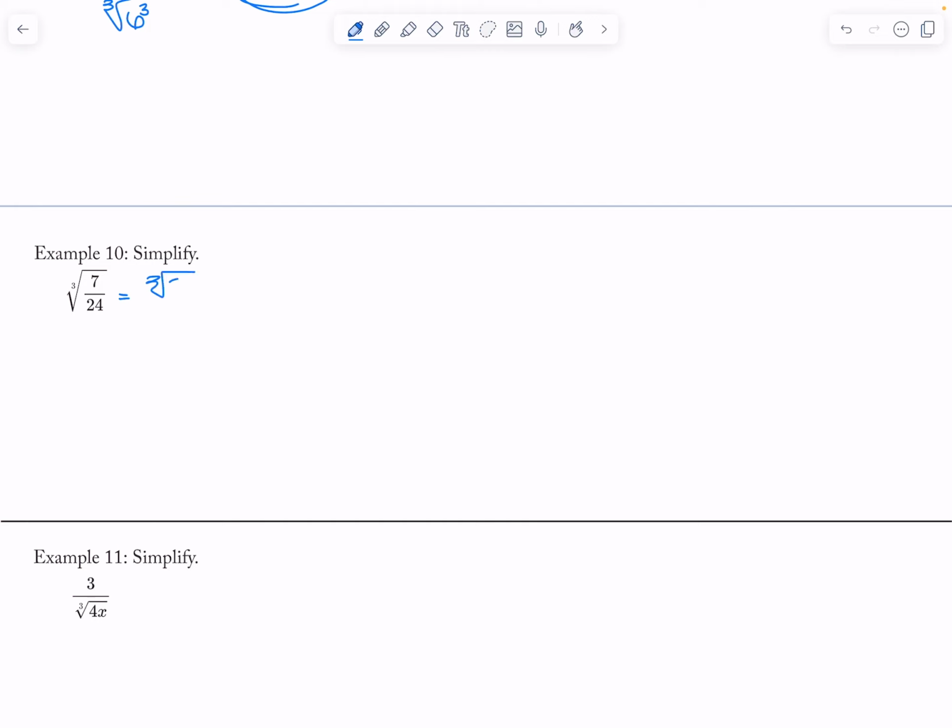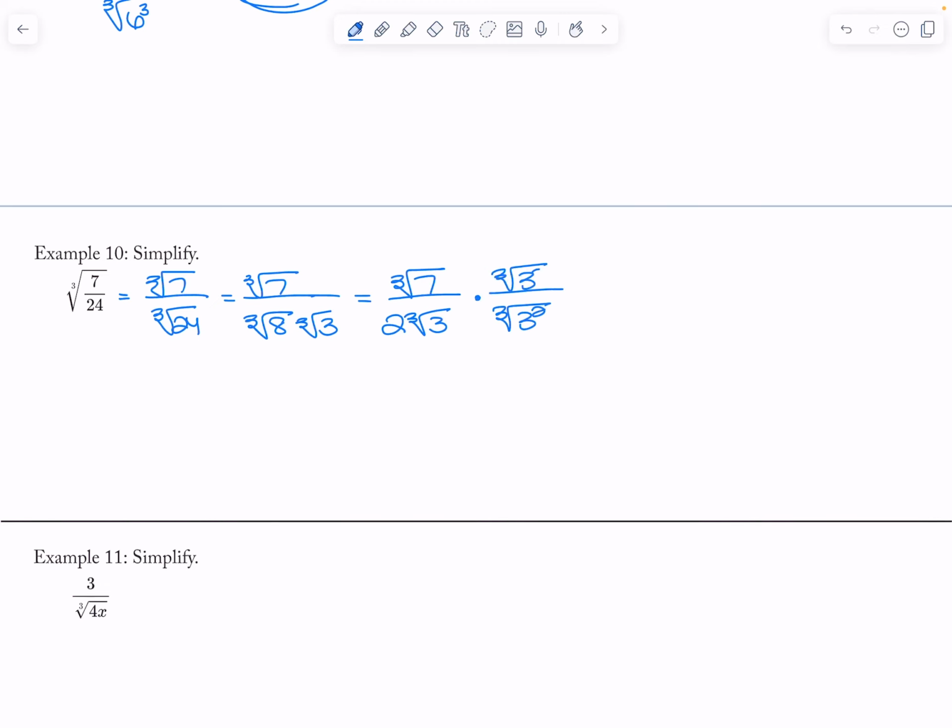So now I have the cube root of 7. I'm going to split this up as over the cube root of 24. The cube root of 24 is the cube root of 8 and the cube root of 3. So this is the cube root of 7 over 2 cube root of 3. Now I have one 3, but I need 3 of them to get rid of that root. So I need 2 more of these 3s in order to get rid of it.